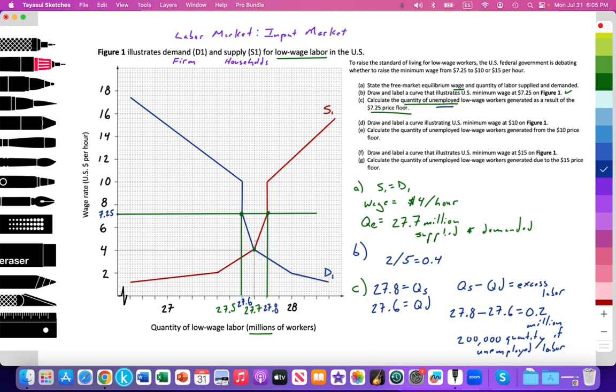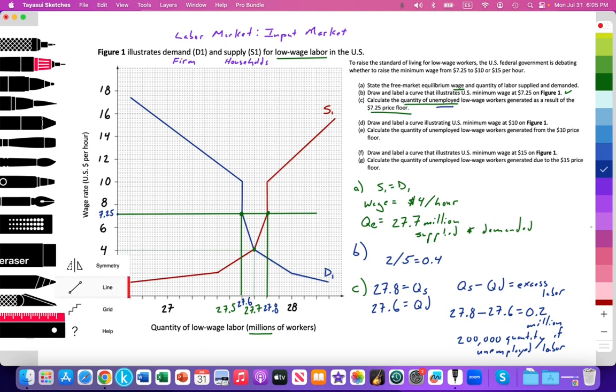So that higher price floor will motivate people to offer their labor into the labor market at that higher wage, as it goes up from $4 to 7.25. So in theory, in this model, we have another 0.1 million people offering their labor, but firms are disincentivized because they're going to have to pay that higher wage, so they reduce their quantity of demand by 0.1. So the difference, we have about 0.2 million workers that cannot find a job all along the supply curve.